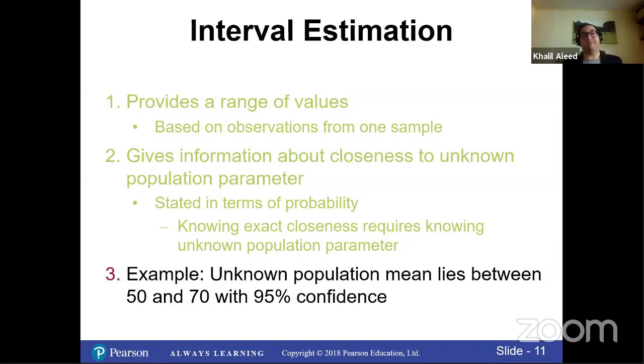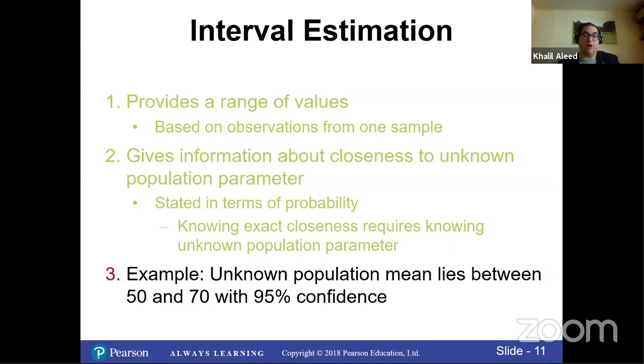So when I'm saying the average student's grade is between 70 and 80, you should add how sure you are that this is correct. So I would say there is a 90% chance, or I'm 90% sure, or I'm 90% confident that the students' grades fall between 70 and 80.